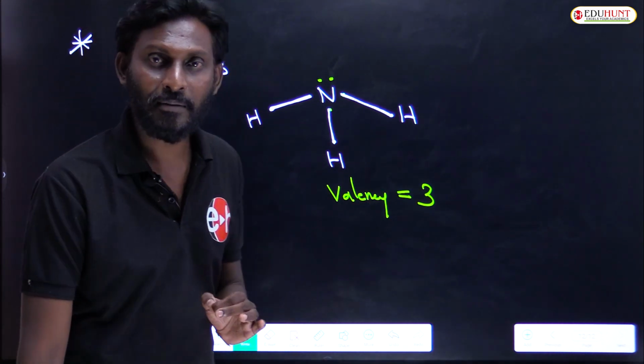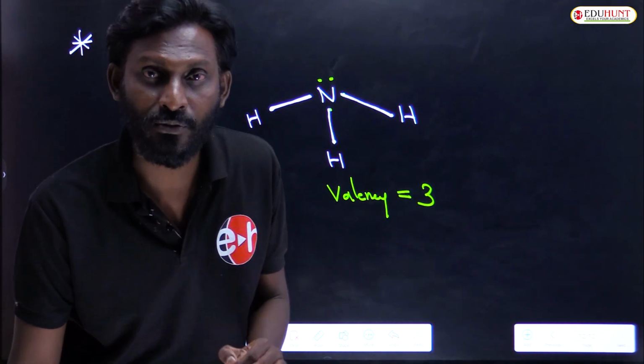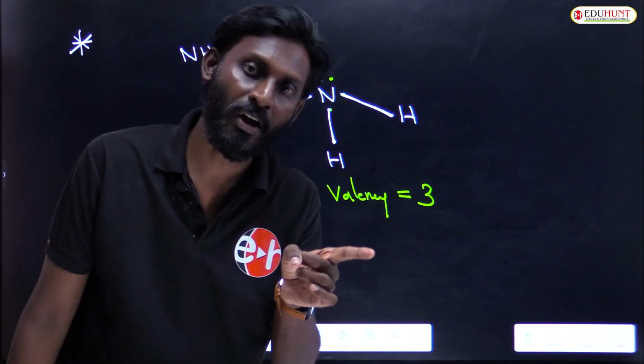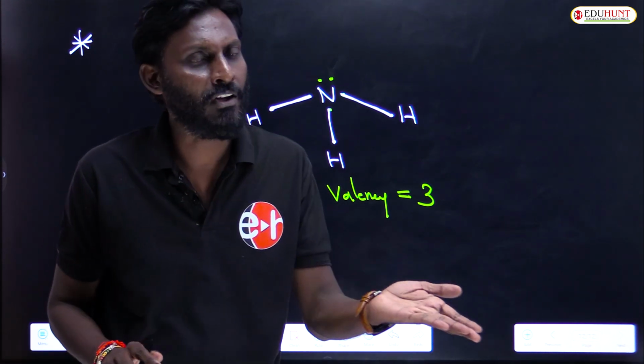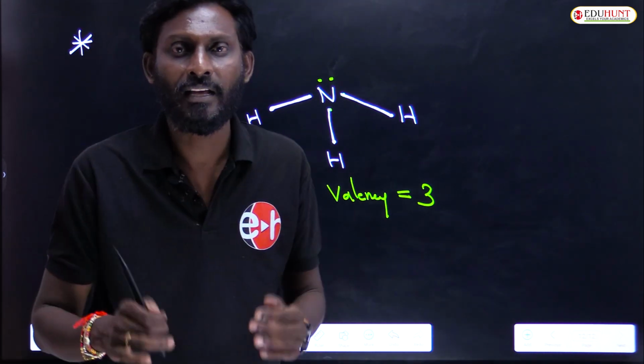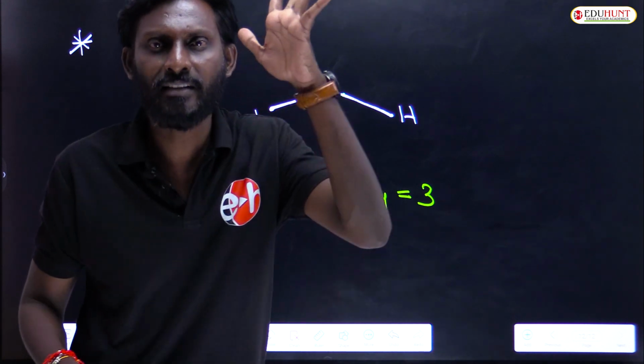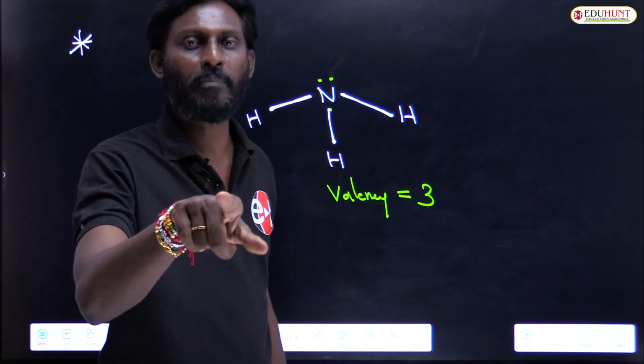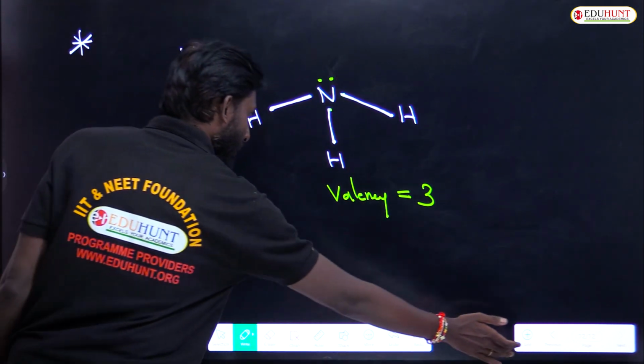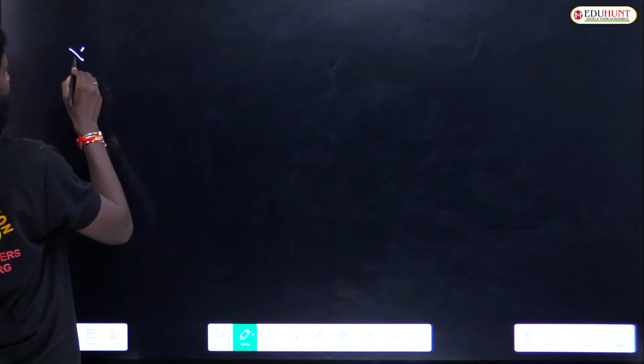So how to determine valency? Again I am telling you, the number of electrons lost, or the number of electrons gained, or the number of electrons shared to get stable configuration. Let me write that in the form of a definition.